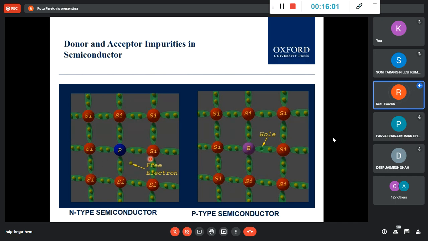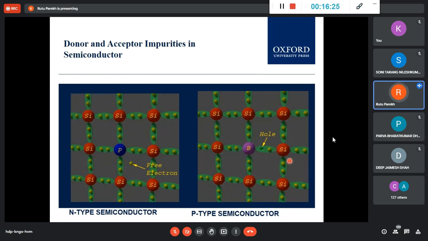And when the electron is moving, it creates a current, but the more the electrons, the more the current. And for that, N type is added with a pentavalent impurity. And the deficiency of an electron is a hole, and that can also create a current. So here also in the P type, you have a trivalent impurity, for example, boron, which is a deficiency of an electron, the hole.